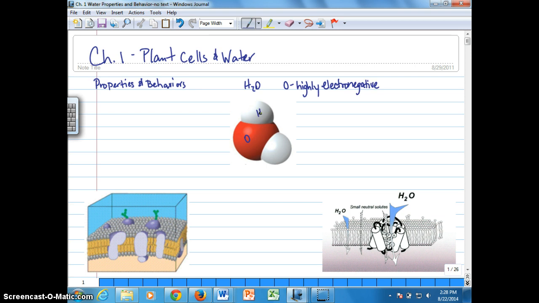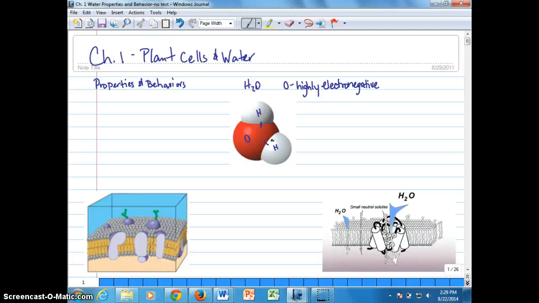So remember, these are going to be hydrogens here, and each pair of atoms shares electrons in the form of a covalent bond. I just said hydrogen bond, but I mean covalent bonds. So the oxygen pulls the negative charge from the covalent bonds that are between each of these hydrogen atoms.